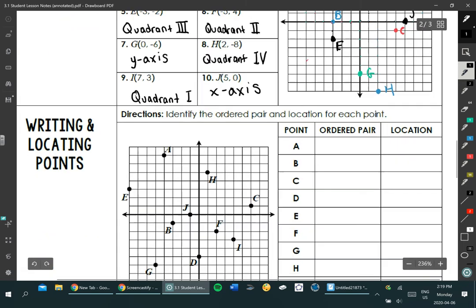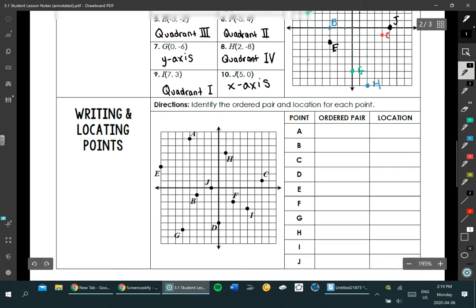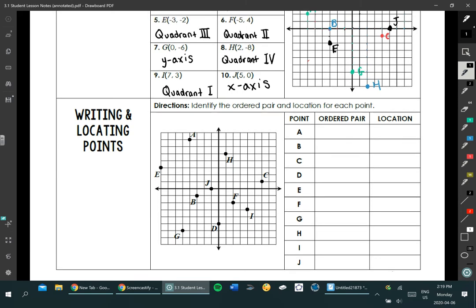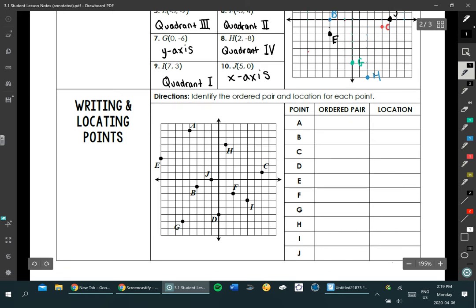All right, so now let's try doing the opposite. So now we're going to take points and we're going to specify the ordered pair that corresponds to that point. Okay? So even though our scale is not numbered, right, we remember that each line represents one. So that's 1, 2, 3, 4, 5, 6, 7, 8.